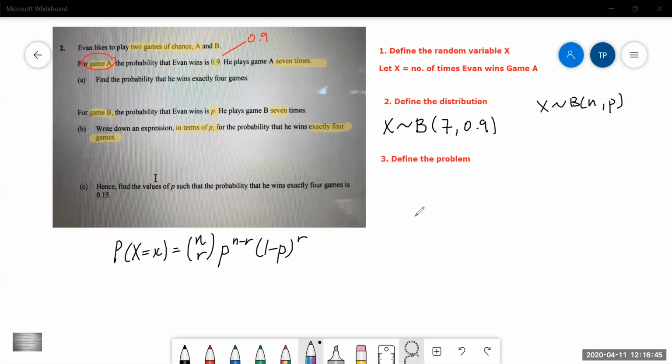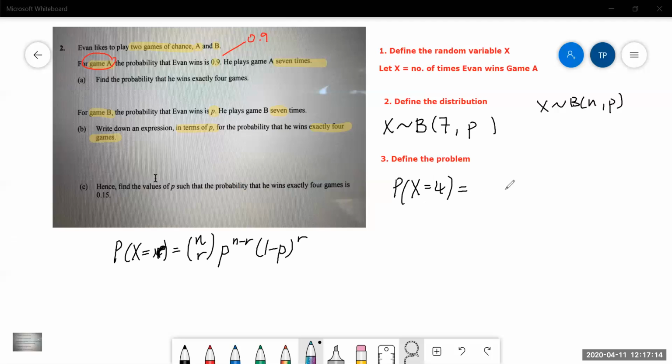Right now we want the probability of, now this number here is still 7, it's just the other way around. This is p. So we want X to be equal to 4, so this is r.